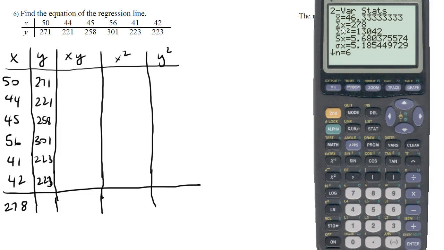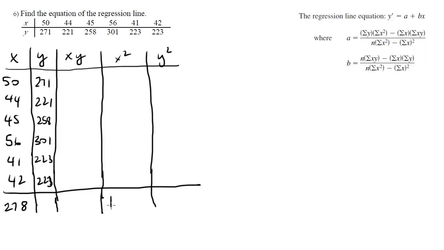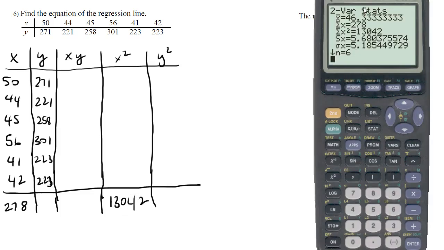It gives me the sum of the x values, which we did, 278. It gives me the sum of the x squareds, 13042. I got it. But wait, there's more. This is just two variable stats because I have two variables, x and y. If I scroll down, it gives me the same for y. The sum of the y is 1497.